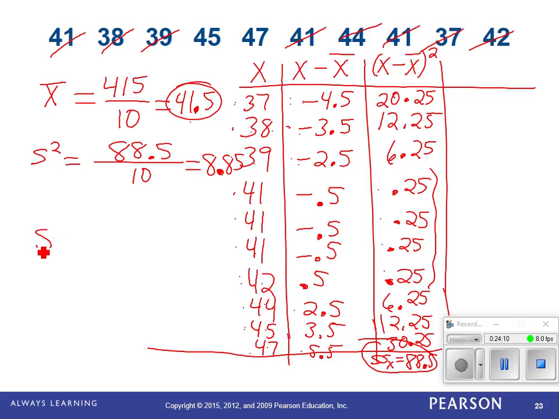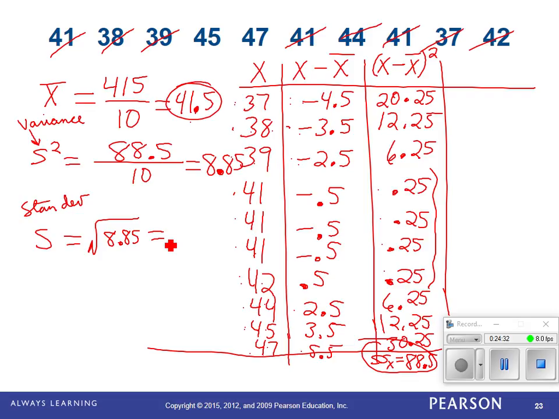Then all you've got to do to find the s, which is your standard deviation. Remember, this is your variance. This is your standard deviation. All we've got to do is take the square root of that 8.85.